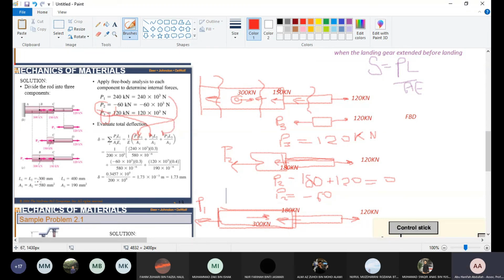And L1 is 300, L2 is 300, L3 is 400. And then the deformation, if you solve them all, you get 1.73 millimeter.